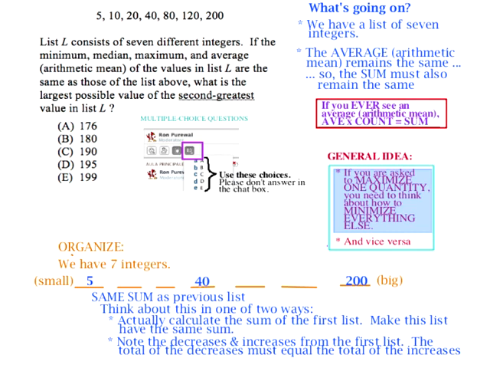If I just told you there were different integers and the top one is 200, then the biggest this could be is 199. You would not have to think about minimum, median, average, sum, or absolutely anything else. So even if you think that 199 is the answer, it's not. Just be aware of that.